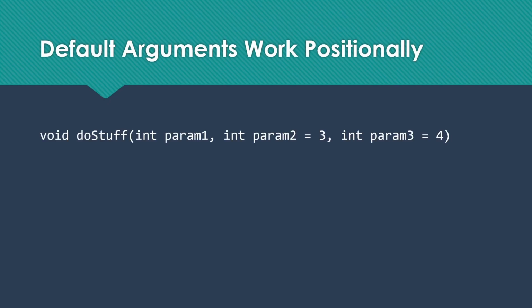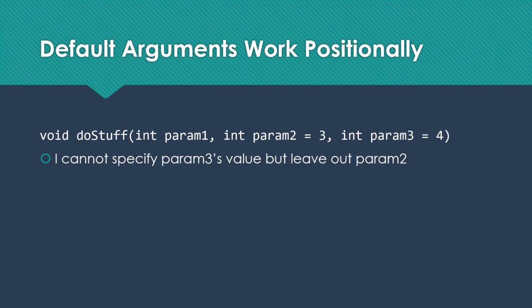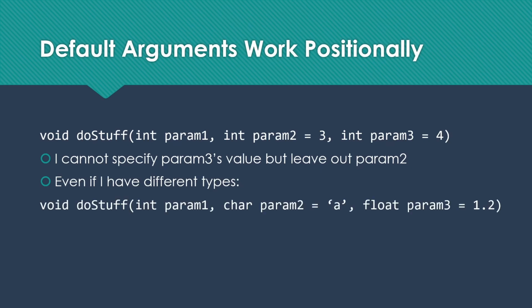It's important to remember that default arguments do work positionally. So if I have a function with 3 parameters and parameters 2 and 3 are both default, there's no way for me to specify the third parameter's value and just get the default for the second parameter. Now, it's fairly obvious here they're all integers, so how would the compiler know? But this is true even when I have different types.